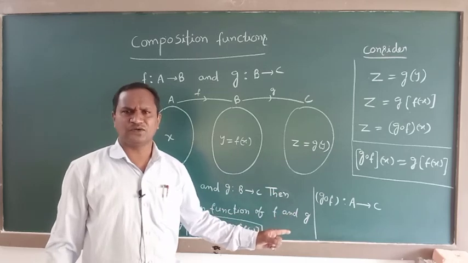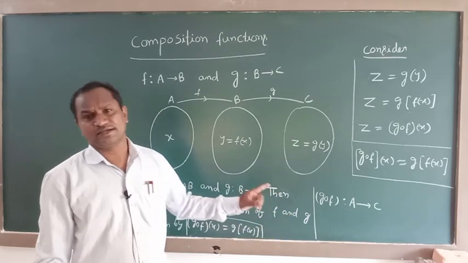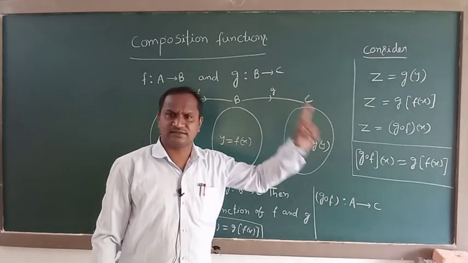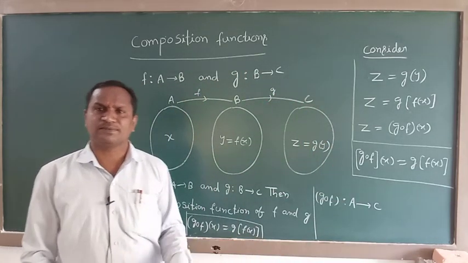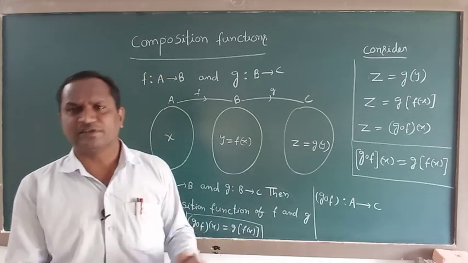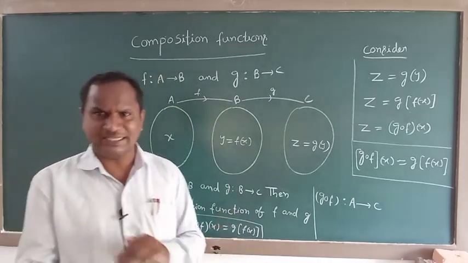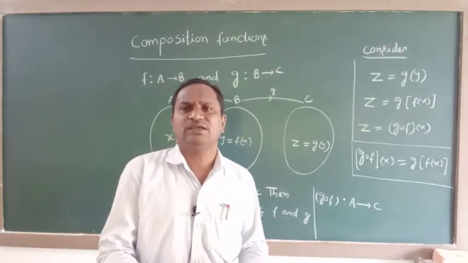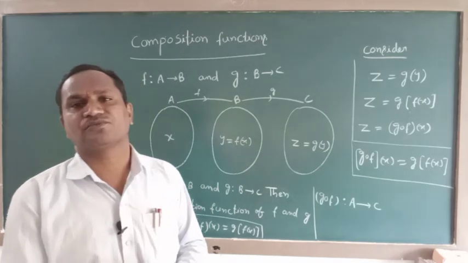For the composition function g circle f, it is a mapping from the first set to the last set. That is, g circle f maps from A to C. Conversely, C to A means f circle g maps from C to A.